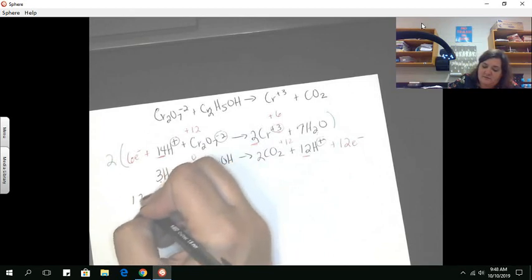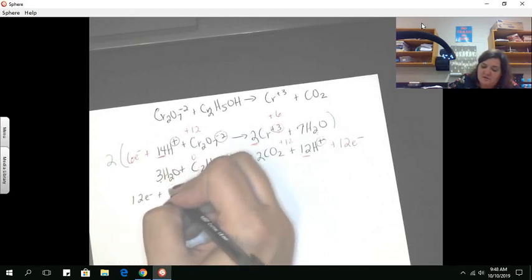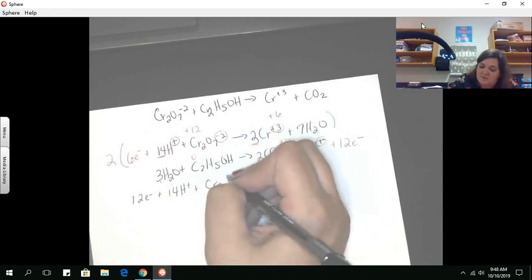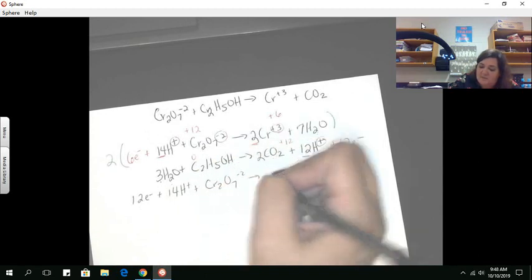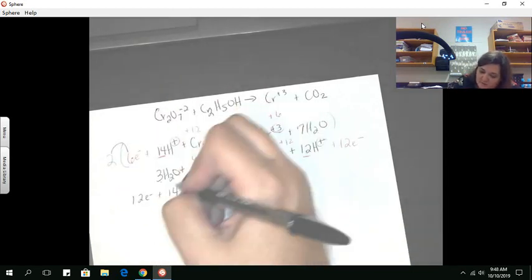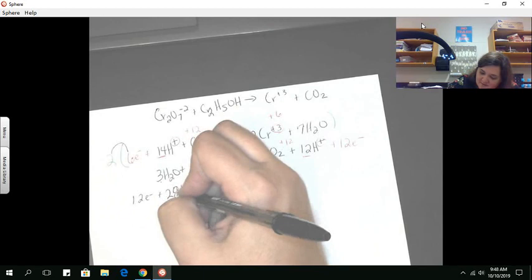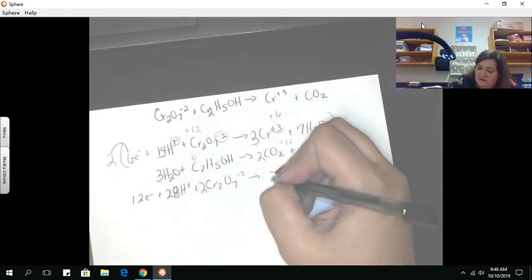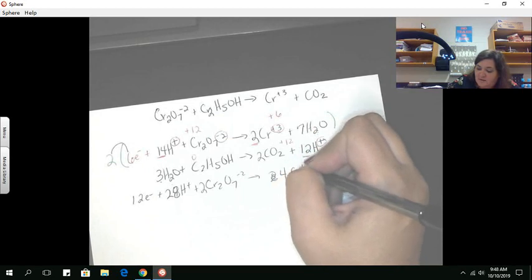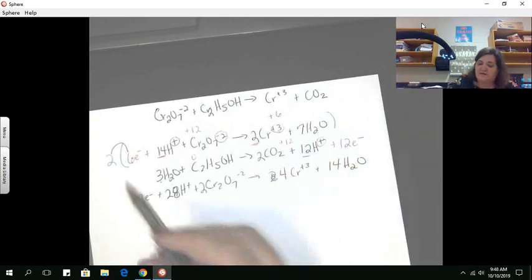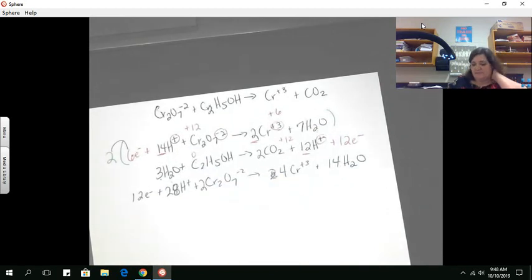So we have 12 electrons plus 28 hydrogen ions plus 2 dichromate ions goes to 4 chromium ions and 14 waters, because we have to distribute that 2 to everything.